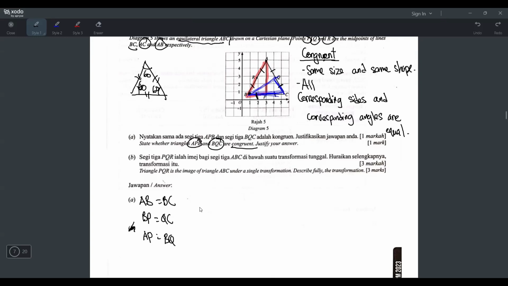So now we can write the answer. We can say congruent. State whether congruent: congruent. Justify your answer.